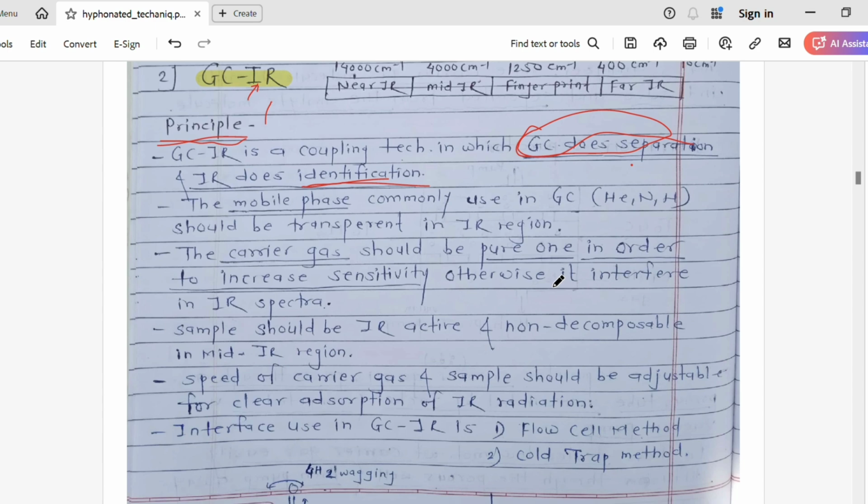The gas should be pure, without any mixture of other gases, because when GC is connected to IR, the carrier gas carries the sample, and that sample passes through the IR for identification of the molecule.